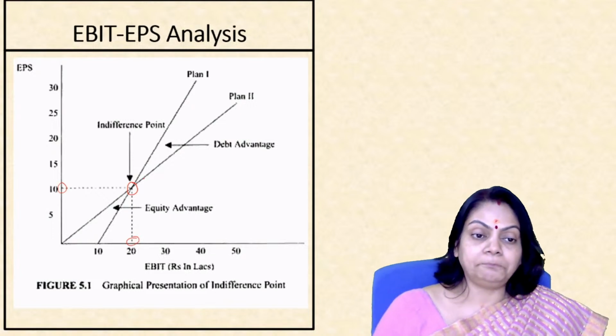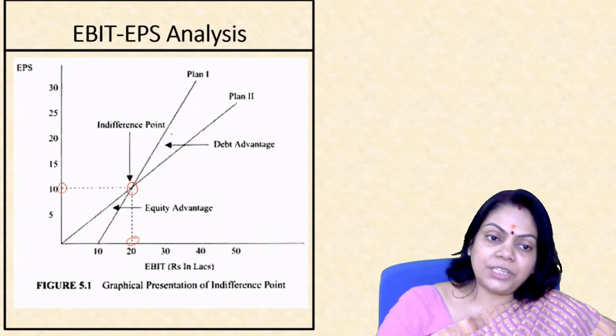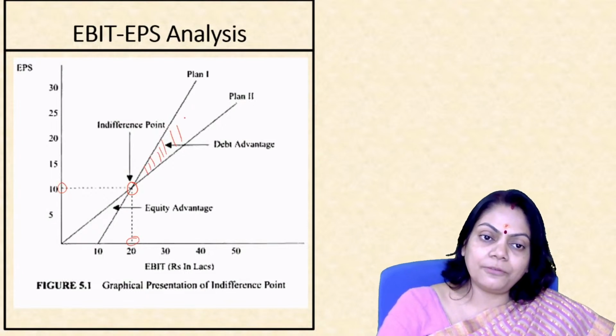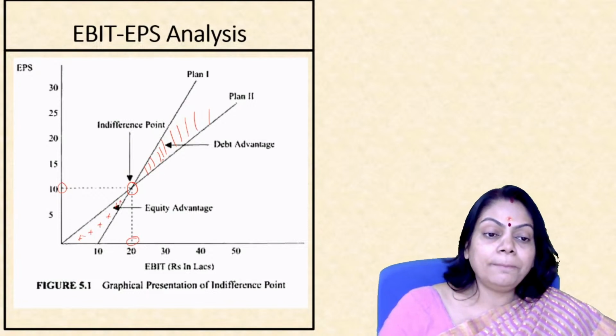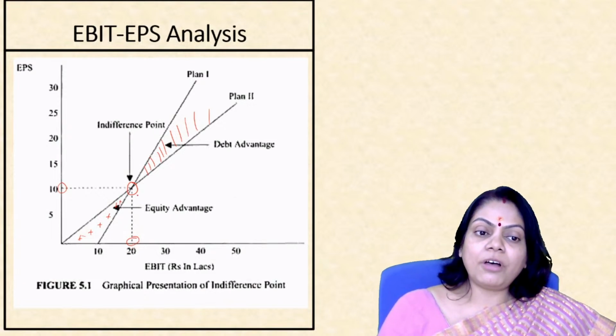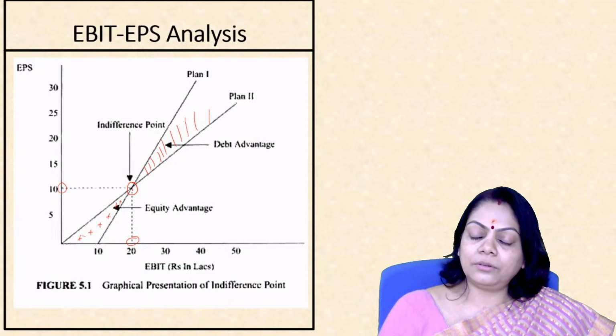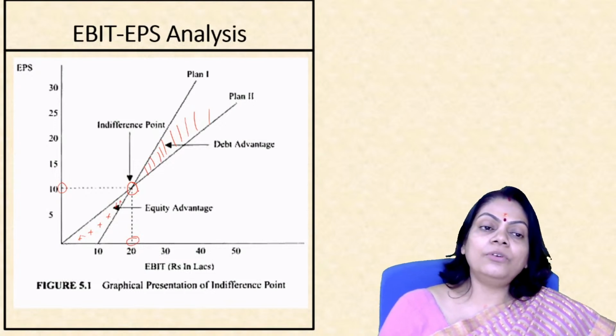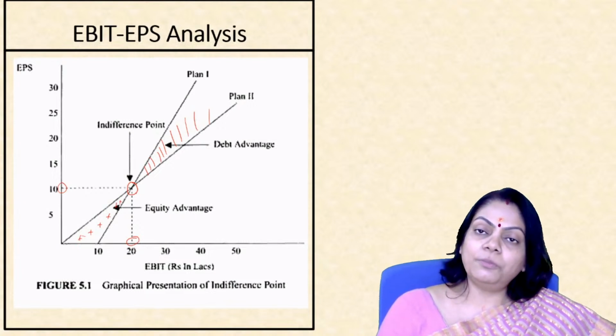The meaning is that. Now, there is a very interesting point here. Look at this particular sector of the graph and look at this particular sector of this graph. Now see, below a level of EBIT of 20 lakh, suppose currently the firm's EBIT is around 17 lakh or 15 lakh, which is below 20 lakh.